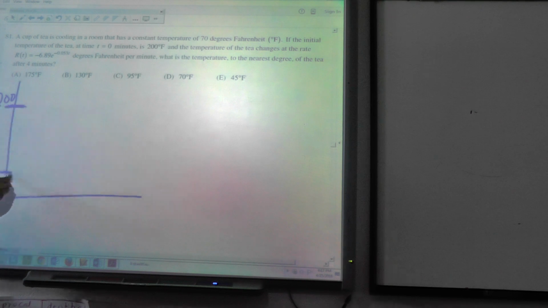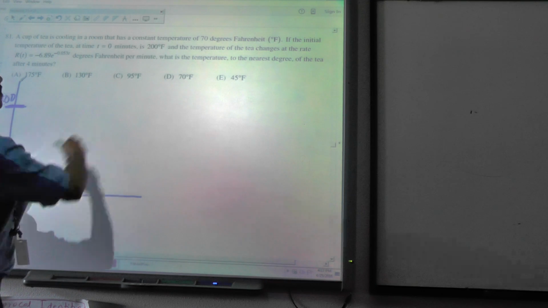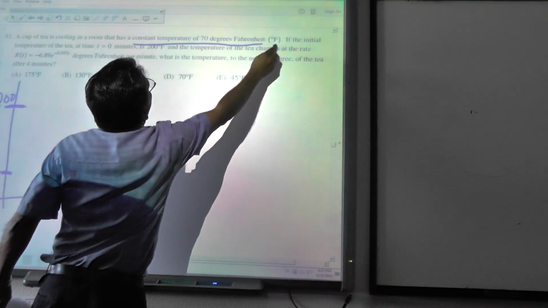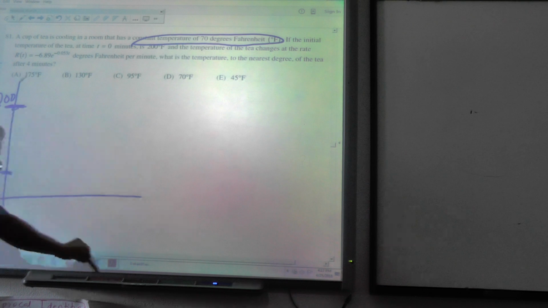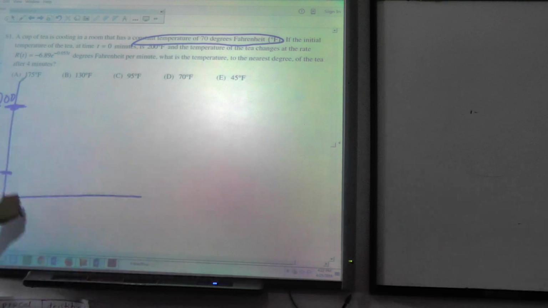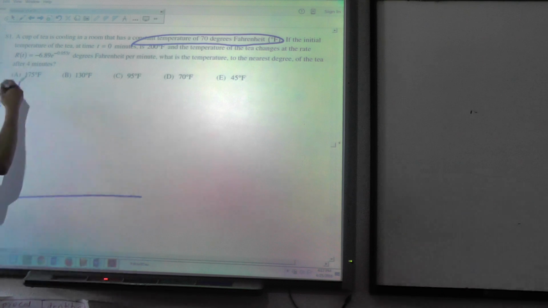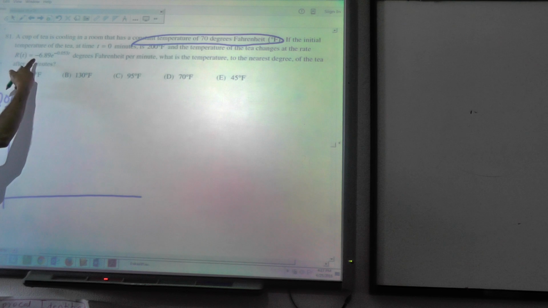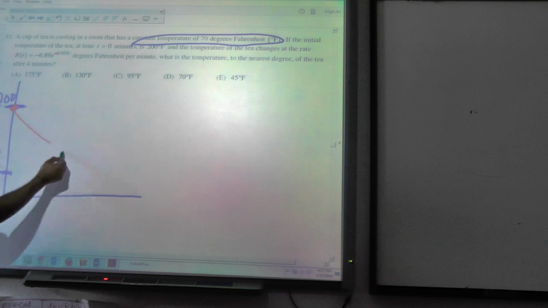The room temperature is given to you as, if you read this, 70 degrees. This is the room temperature, so 70, and in the beginning the coffee is given by, at every minute, it tells you what the rate is, and you see there's a minus here, so something like this.